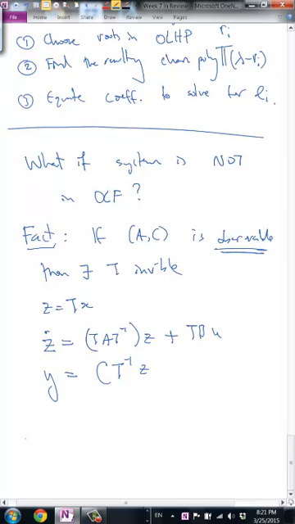Then the pair a hat, c hat, which is given above, is in observer canonical form.